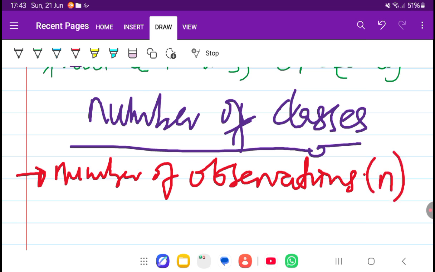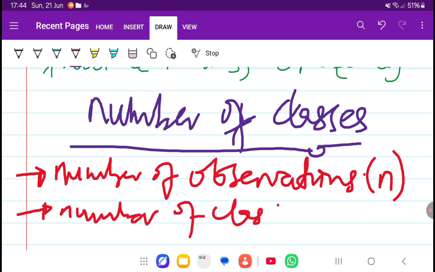Those are the number of observations. The next thing that we need to get is the number of classes. So let our number of classes be, you can call them, letter k.